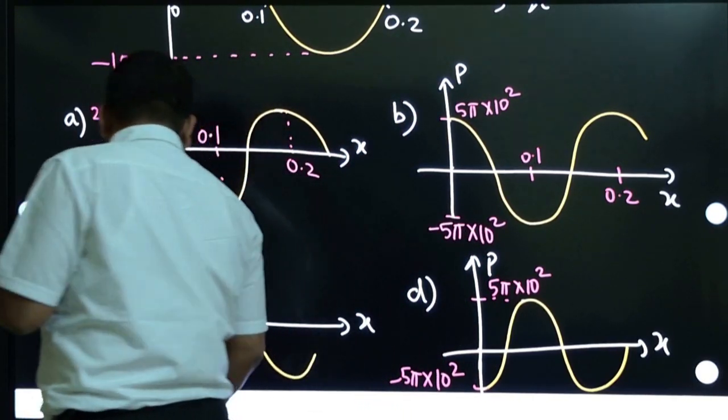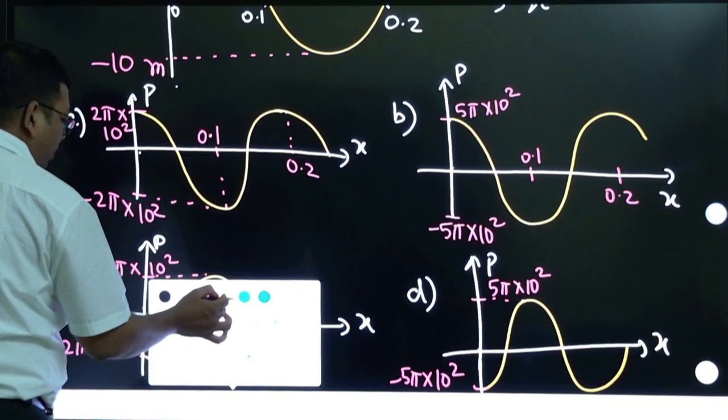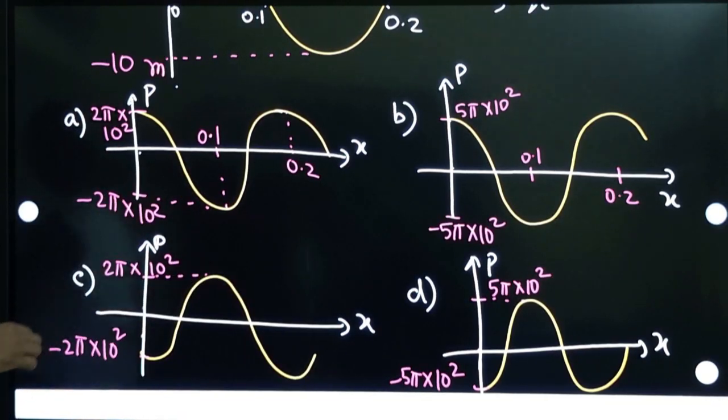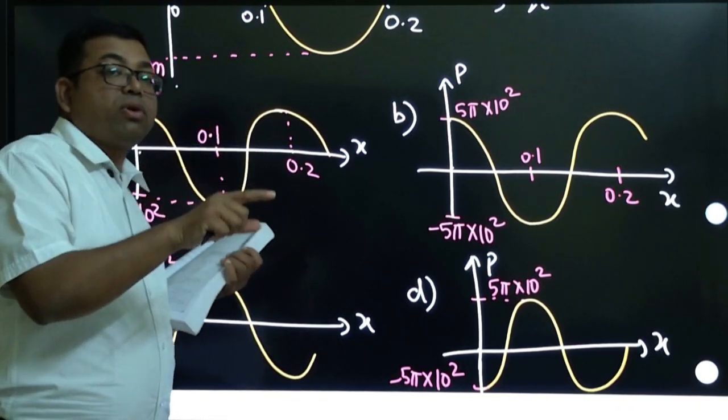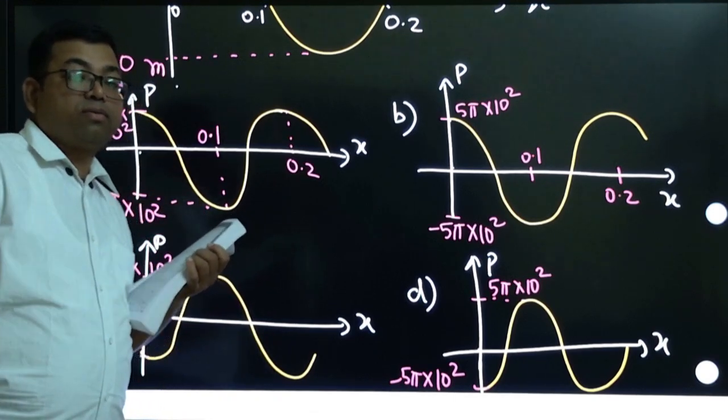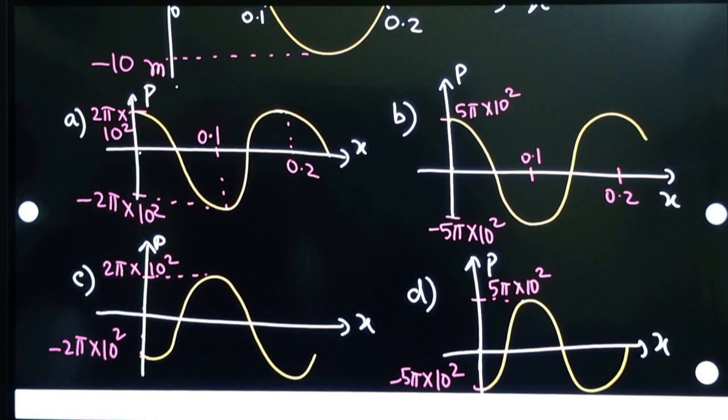Okay, now you try. I think you can easily do this, just like the previous graph. You have to figure out which is the pressure graph, and it is a minus cos graph. Remember, it is a minus cos graph. So this you can definitely do.